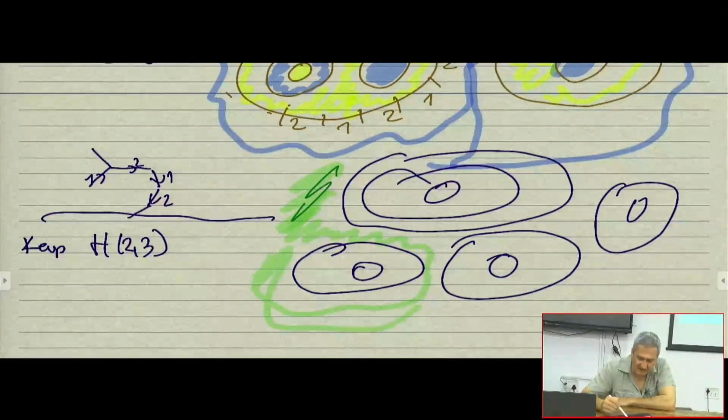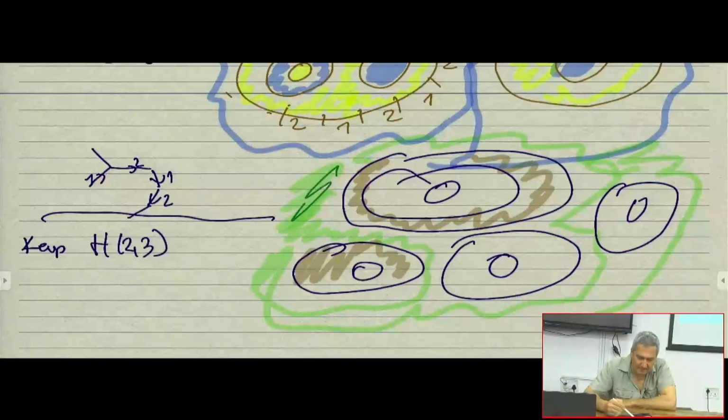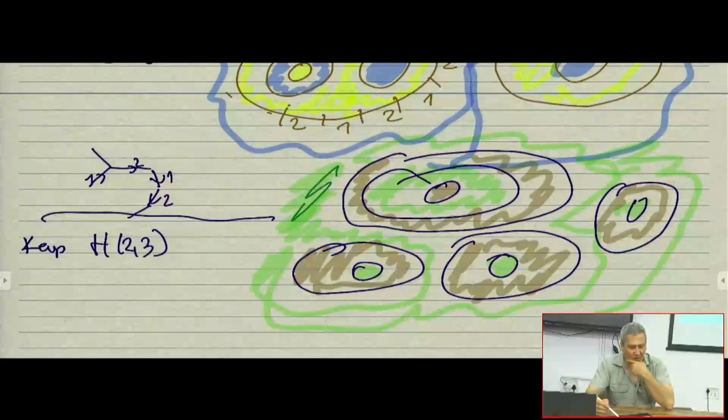You color everywhere green, then we go inside and use color brown. Then we go inside again and use color green. Then we go inside and color brown. In this way we get a green-brown coloring.